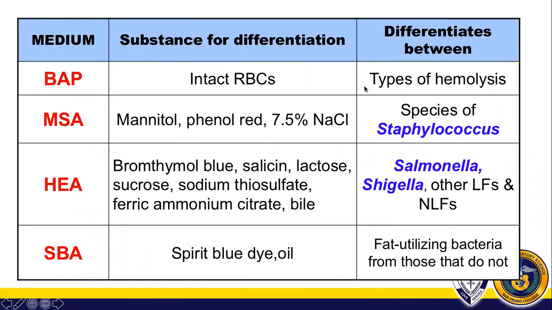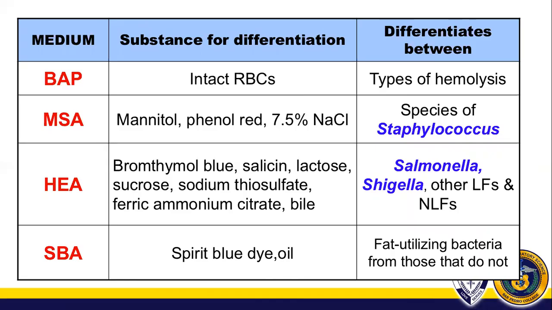Now I have here a couple of tables showing additional examples of differential media. Blood agar plate has been discussed; it differentiates between types of hemolysis. MSA differentiates species of Staphylococcus. It contains mannitol, so it will show staphylococcal species that are able to ferment mannitol and those that do not.